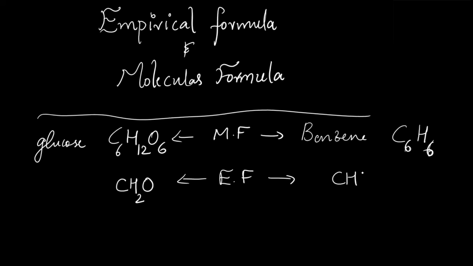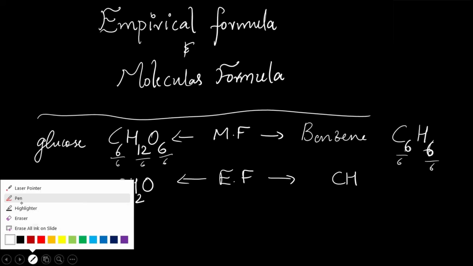By analyzing the empirical formula of glucose and benzene from the molecular formula, it is crystal clear that it is the simplified version, right? In C₆H₁₂O₆, we have divided completely by 6, and you get the empirical formula.